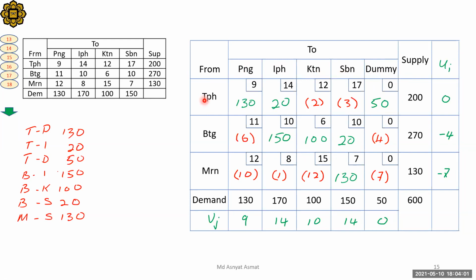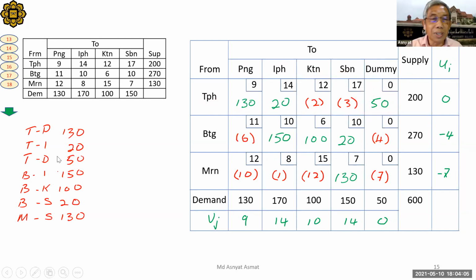Yes, by 50 units. Then you calculate the total cost. In this case, the answer should be 466,000. Try to do it quickly.